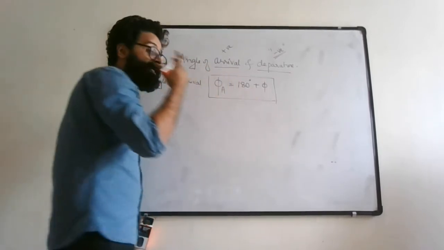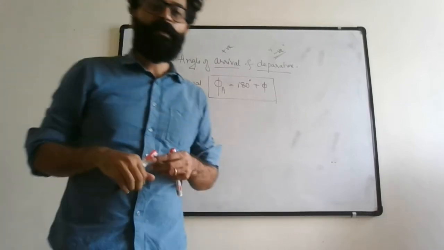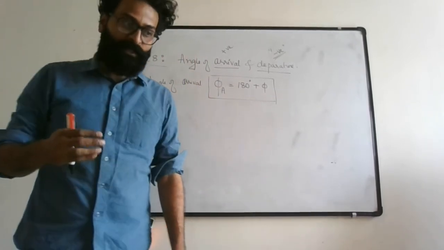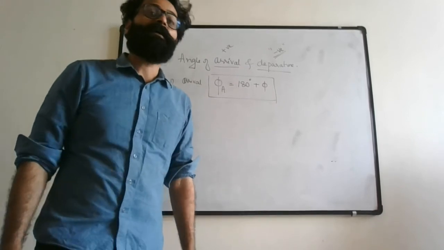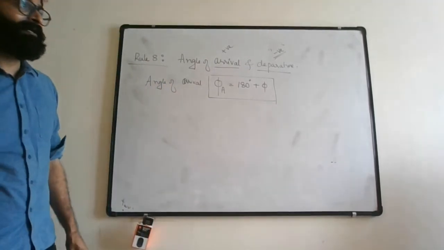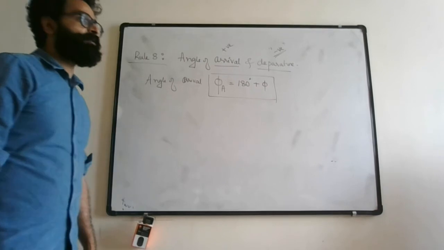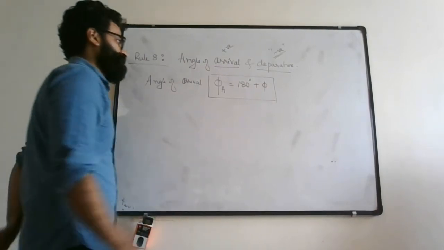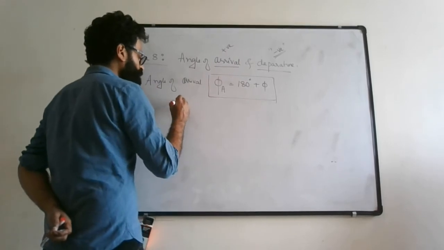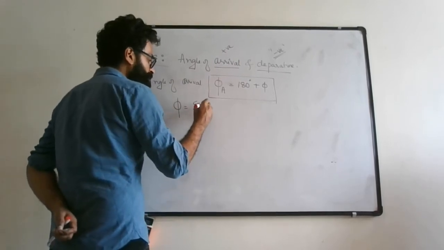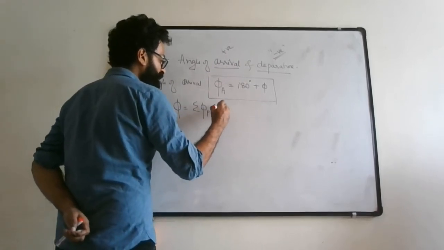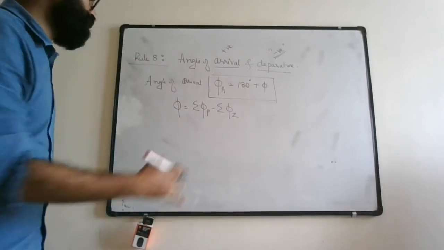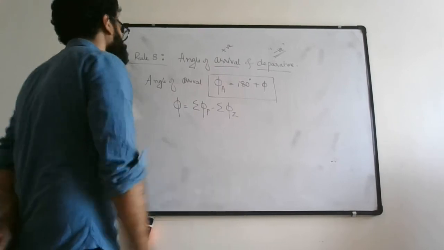Now, why this 180 degree? This 180 degree is due to the impact of the angle condition, right? You remember the angle condition: angle of G(s)H(s) is plus or minus 180 degree, etc. Where phi is equal to summation phi p minus summation phi z. I'll come to it, what is phi p and phi z.